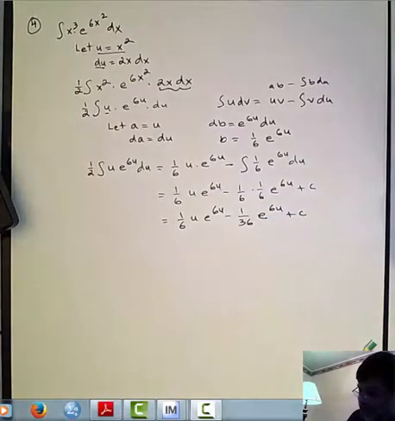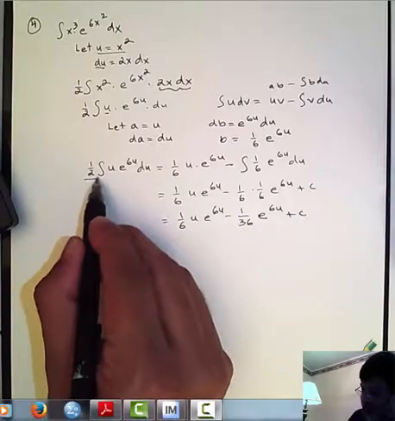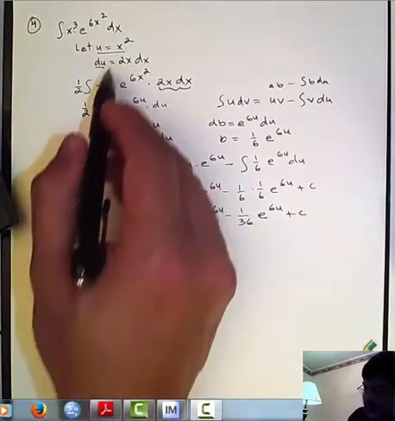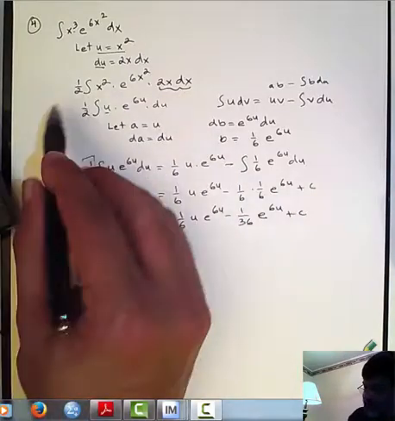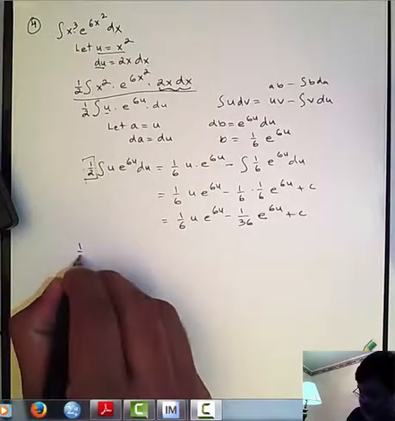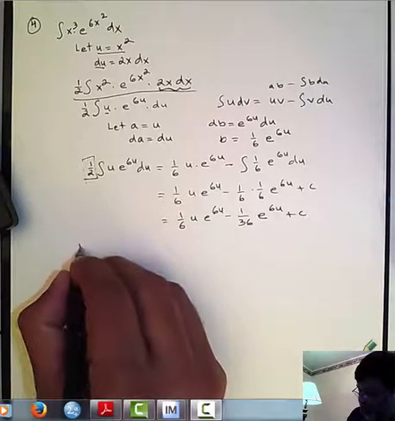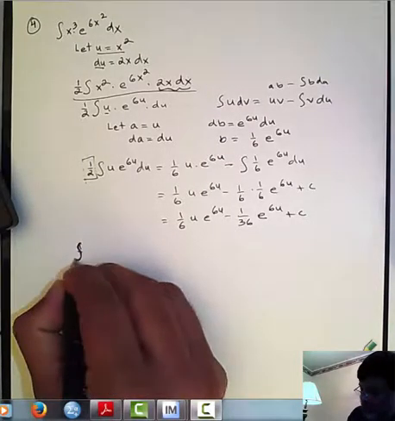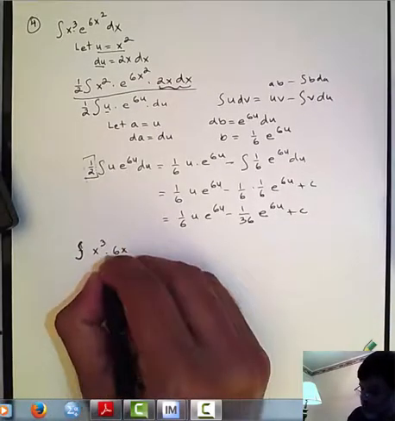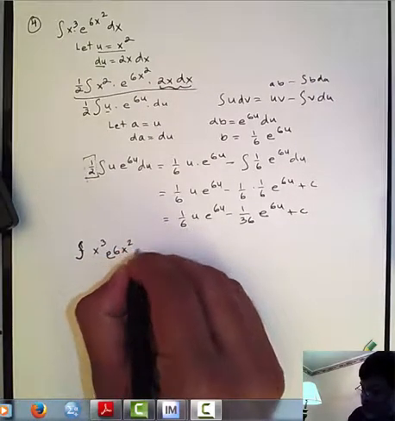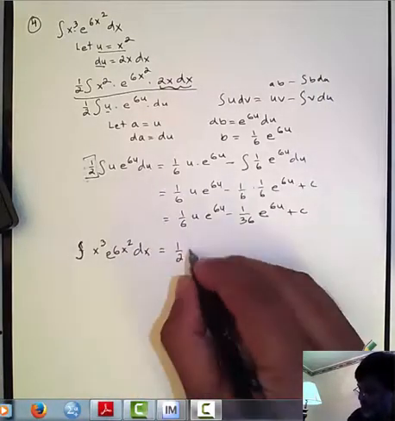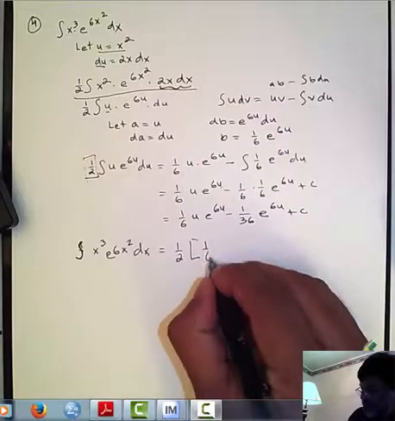And not forget to multiply by half. So let's go back where we started. We were here. So we can write integration of x cubed e to the 6x squared dx will be half times all of that. Remember u was x squared.